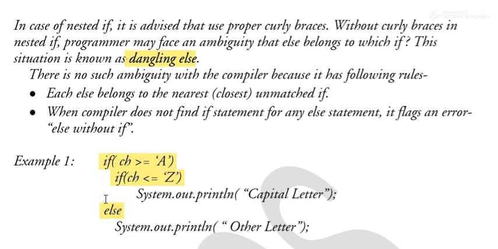In case we use only an else statement and we just give a semicolon in both if statements, then it will generate an error: else without if. There is no if for this else.